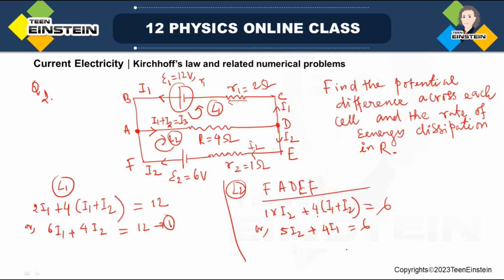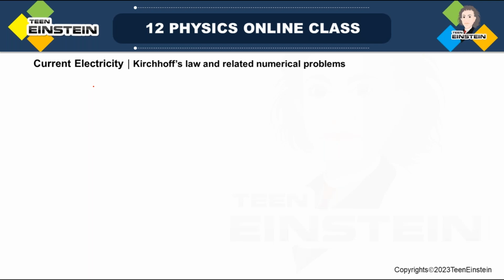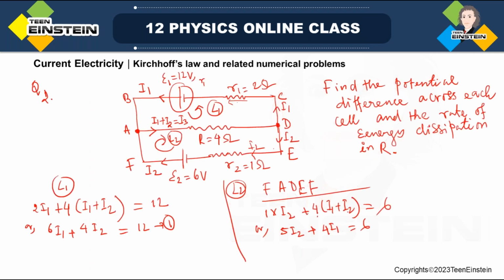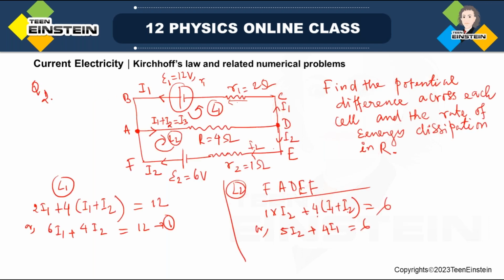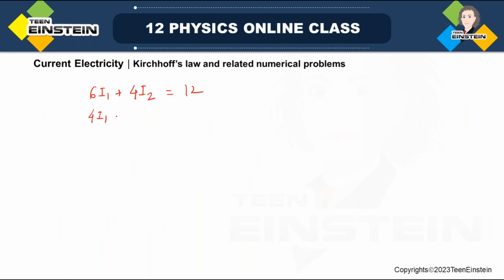Okay, so again we have got two equations: 6I1 plus 4I2 is equal to 12, and 4I1 plus 5I2 is equal to 6 again.